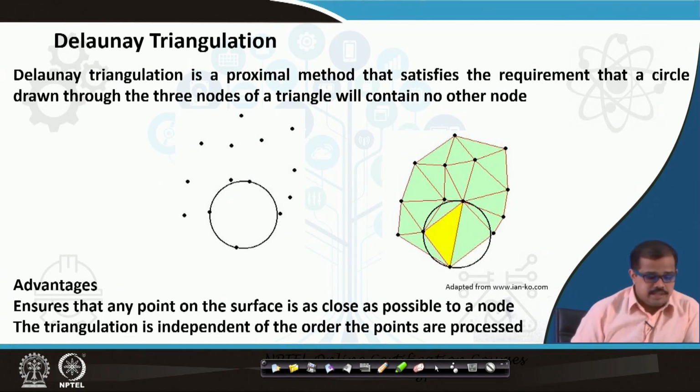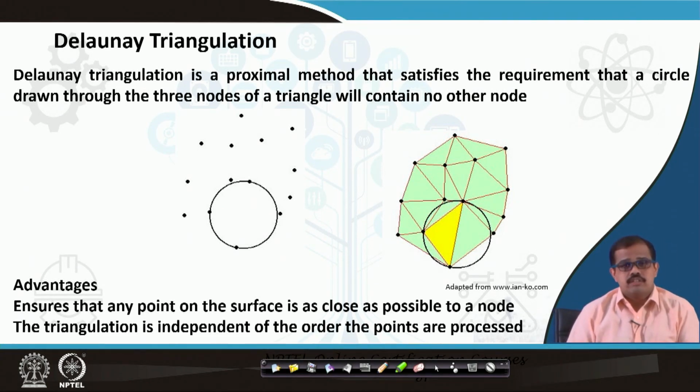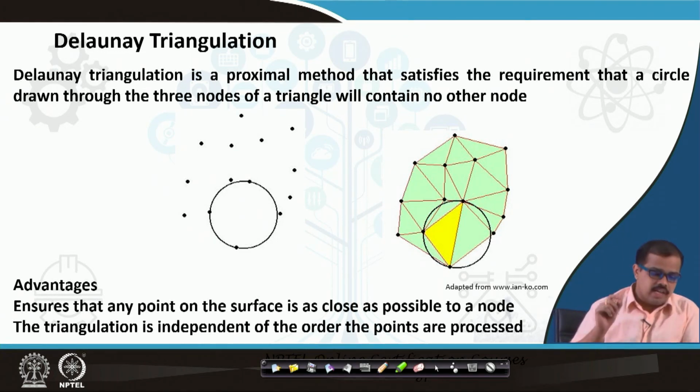When you look at the advantages, it ensures that any point on the surface is as close as possible to a node, which means it gives information on every node, every surface, and every point is represented. The triangulation is independent of the order in which the points are processed. That is extremely important. In the distance-based method, the lowest distance is connected first and the highest distance last, but here we do not have that aspect.